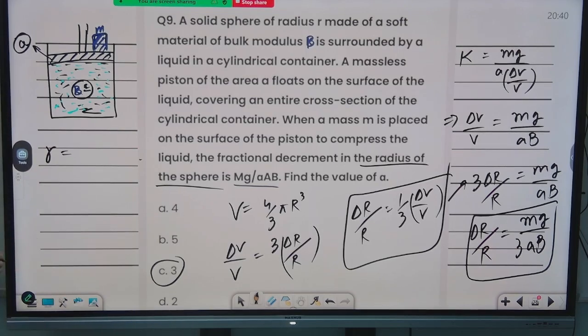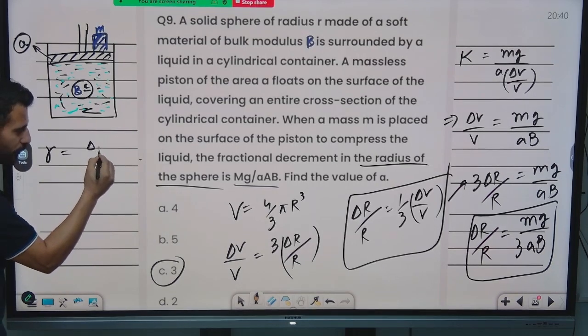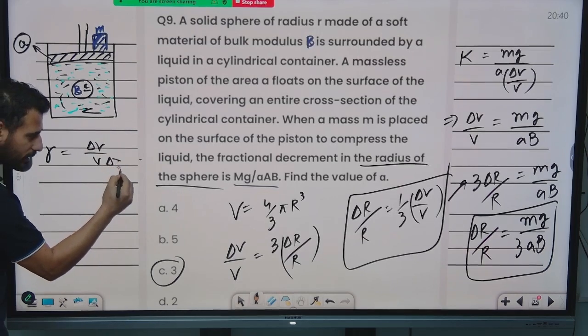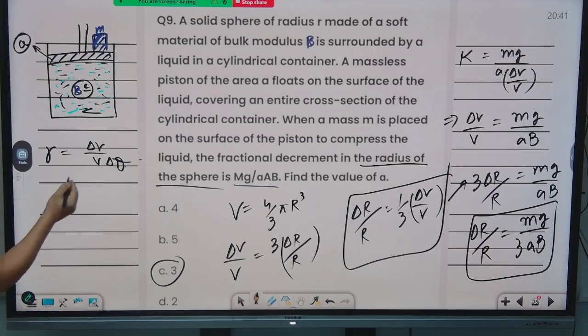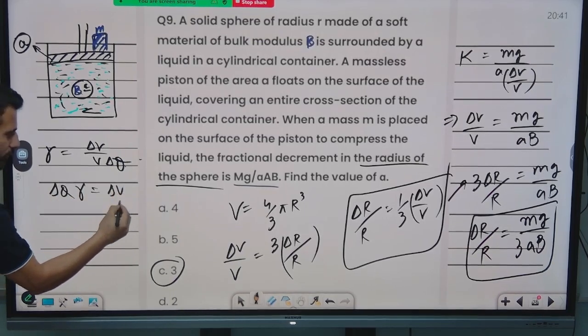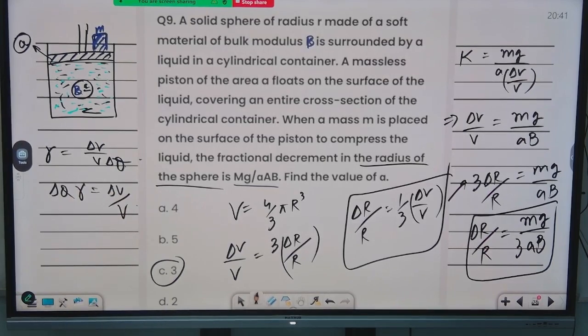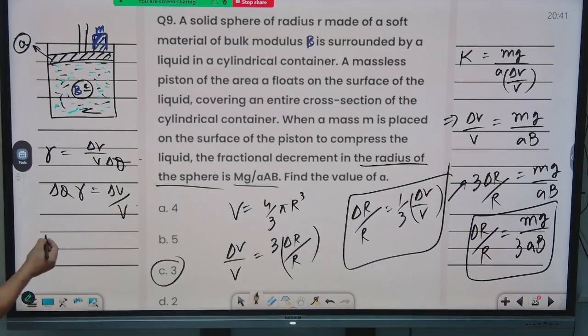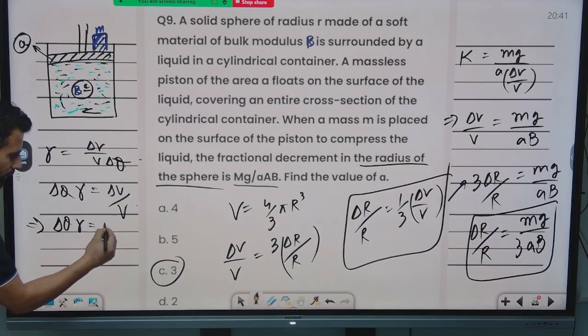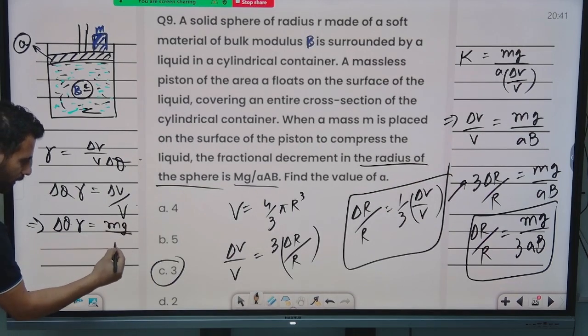It is the fractional change in volume per degree rise in temperature. I'll keep it delta theta. Fine. So we can say delta theta times gamma is equal to the fractional change in volume. But what is the fractional change in volume? Mg by AB. Equate the two. So delta theta times gamma is equal to mg divided by AB.